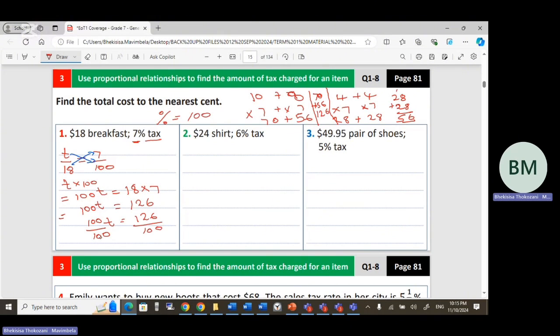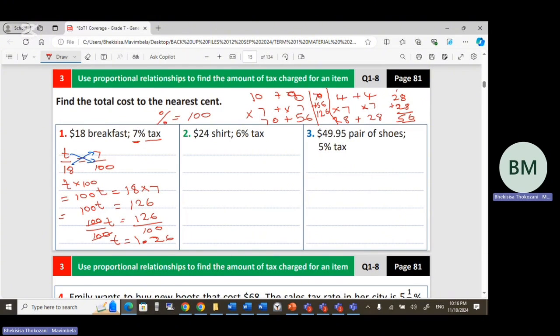Now, the trick here is this will cancel off, and my T, because I'm dividing by 100, I must have two numbers after the decimal point. So I'll just write 1, put a decimal point, and two numbers, which is 2 and 6.